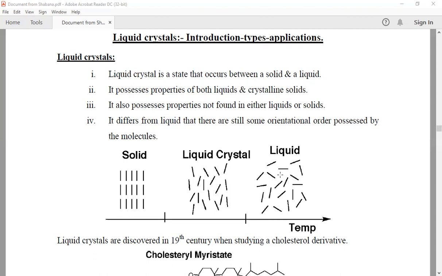Coming to the discovery of the liquid crystal, the behavior was first observed by Friedrich Reinitzer at the Charles University, in derivatives of cholesterol, which now belong to cholesteric liquid crystals.